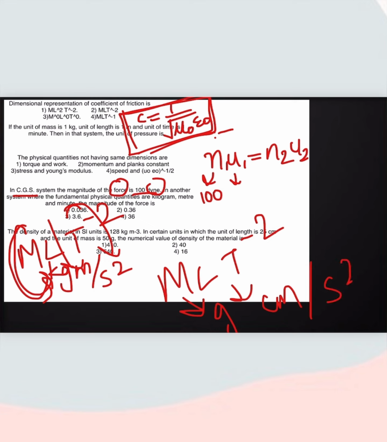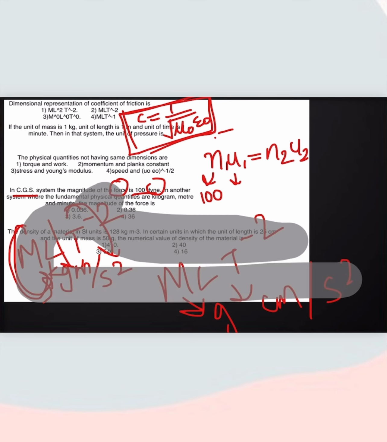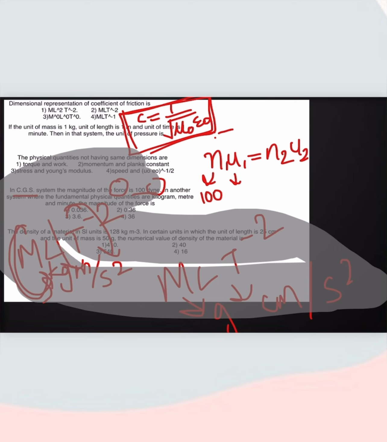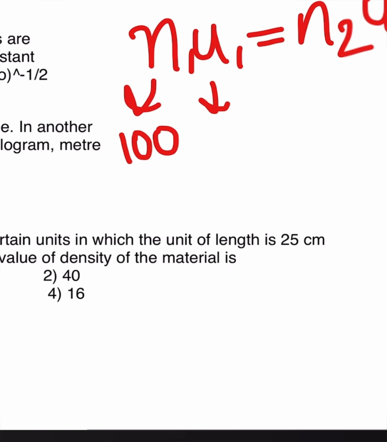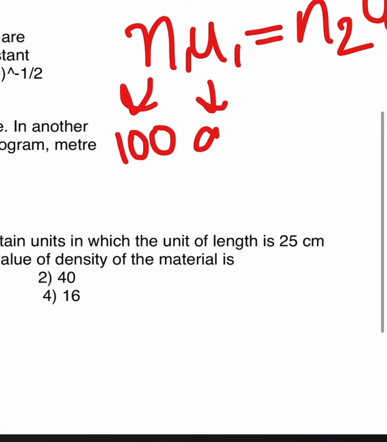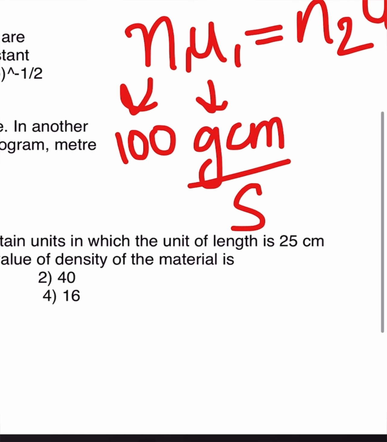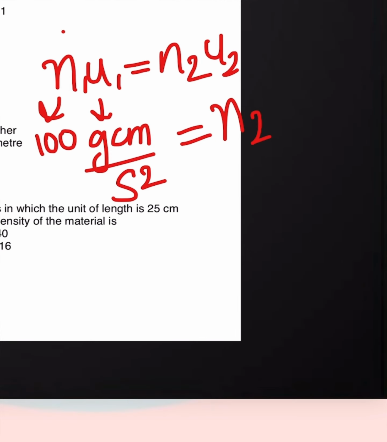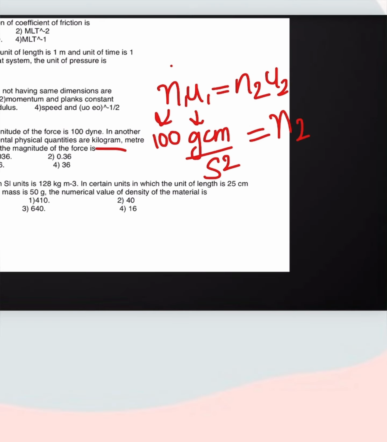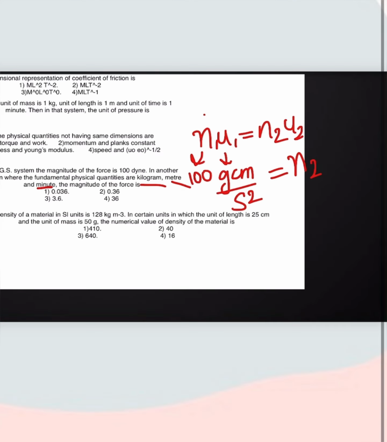From the dimensions we can write the unit. So U1 is equal to gram centimeter per second square, and we have to find N2 into U2. U2 means kilogram meter and minute.